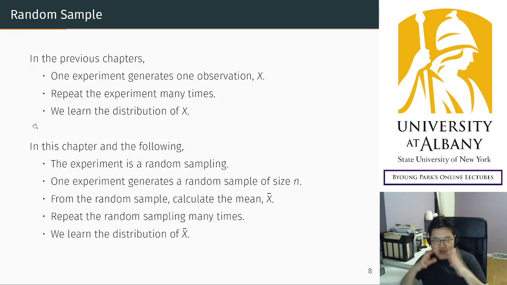Anyhow, the ultimate goal of this chapter is to learn about the distribution of X bar, which is the average of many observations, the average of the random sample. That's what we are going to do in this chapter.